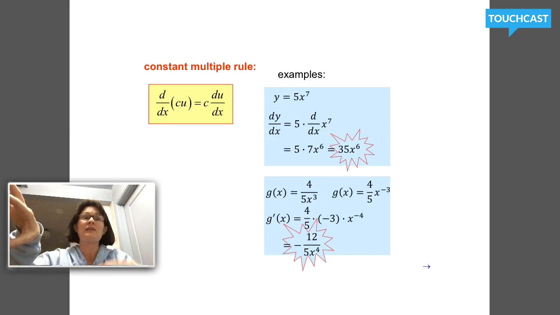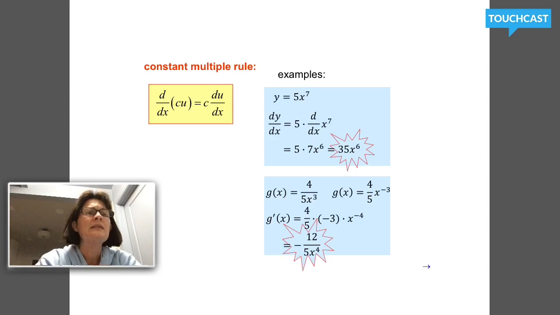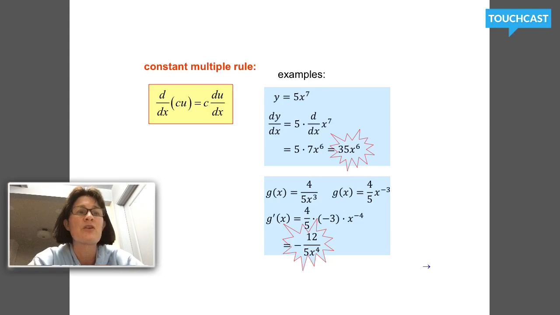The derivative with respect to x of x to the 7th is going to be 7x to the 6th, and then multiply that 5 back. So the derivative with respect to x of 5x to the 7th is 5 times 7x to the 6th. The 5 and the 7 can multiply together and give me 35x to the 6th.